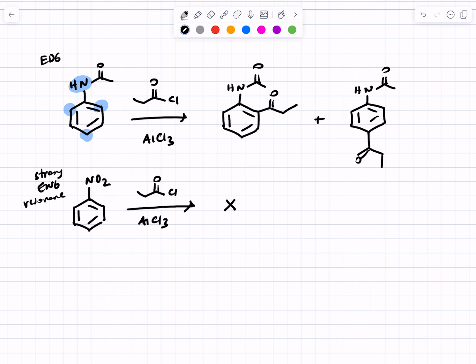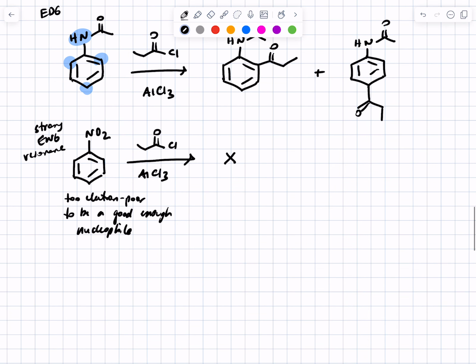And the reason why is the benzene ring is too electron poor to be a good enough nucleophile for the Friedel-Crafts reaction. So that's one limitation of the Friedel-Crafts reaction, and that can influence the order in which you do things in a synthesis. Okay.